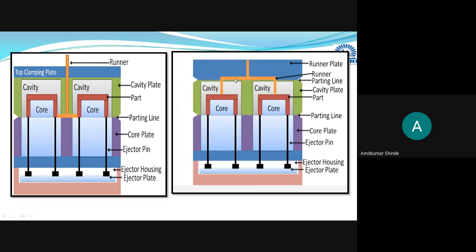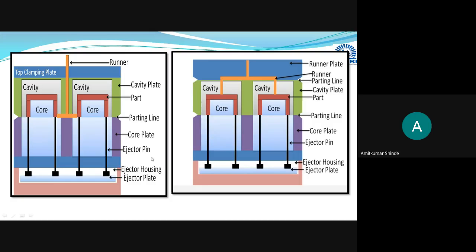In this way, the construction of the two plate mold and three plate mold is done. In a two plate mold, one parting line divides the mold into two halves, and in a three plate mold, two parting lines divide the mold into three parts.